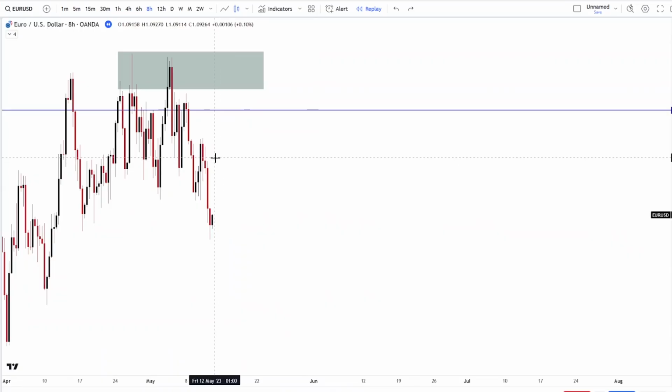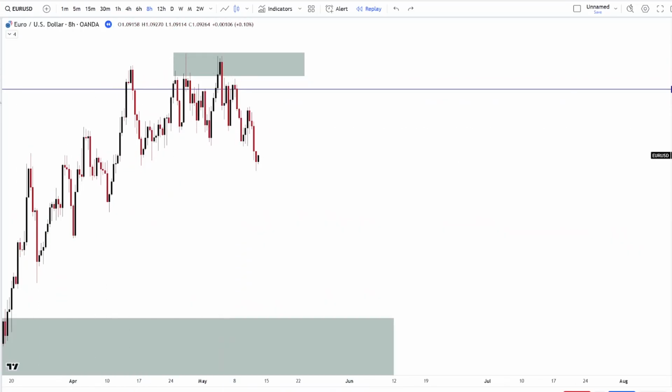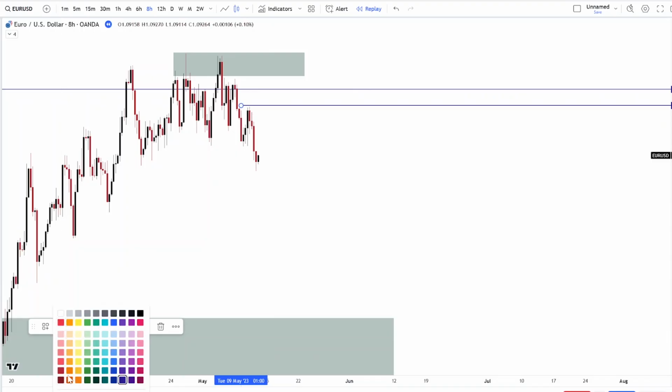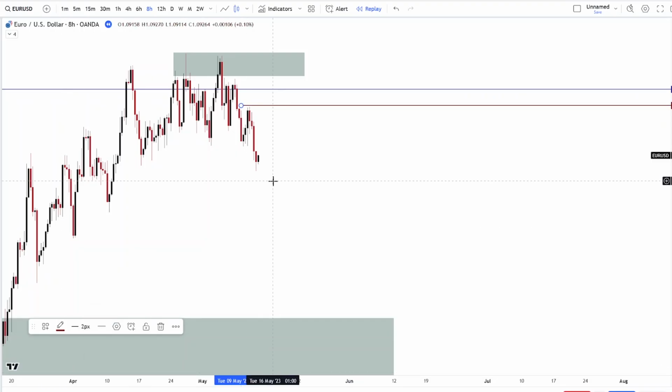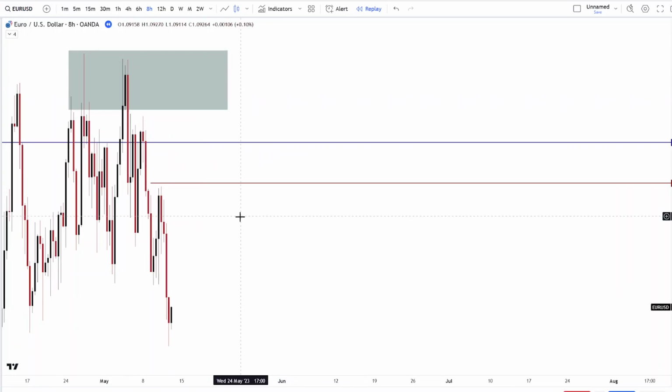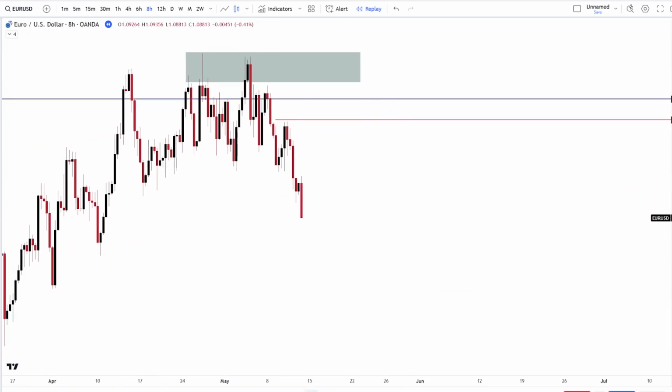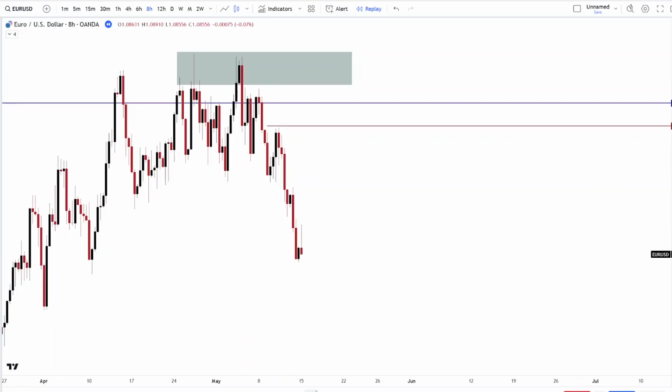So now that price broke structure, what is our micro range? Our micro range is, let's make it red. This is our micro range high. Let's see if price comes back inside the range. Price did not. What is our current range?